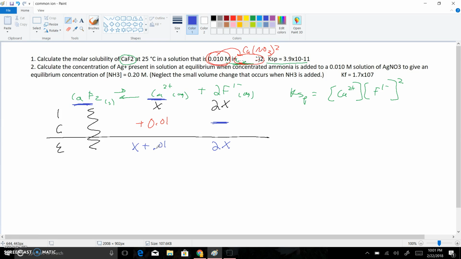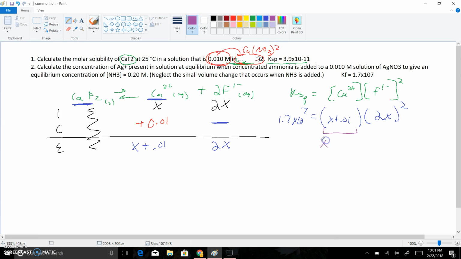Okay, here we go. I'm going to put them into my Ksp. 3.9 times 10 to the negative 11 equals calcium is x plus 0.01, my fluoride is 2x, and it's squared. Now, hopefully you can see where I'm headed. I'm going down quadratic equation land, which chem gods hate doing.